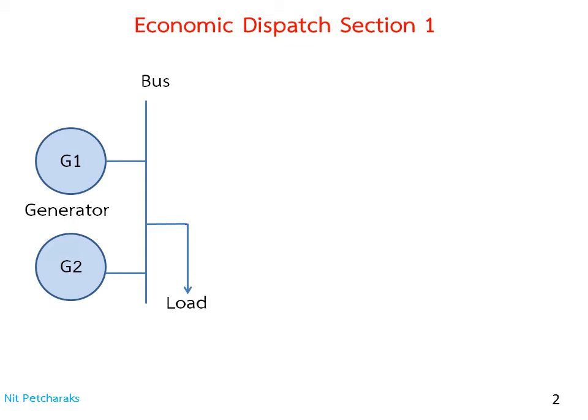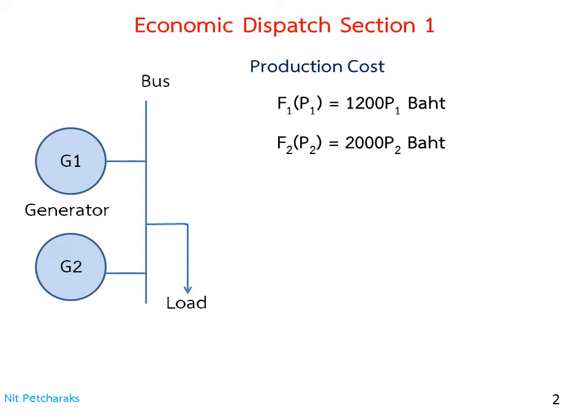Suppose there are two generators supplying power at the same bus. These two generators are in operation for this hour. Generator G1 is cheaper. Its cost function is 1,200 baht per megawatt hour, whereas generator G2 is more expensive.